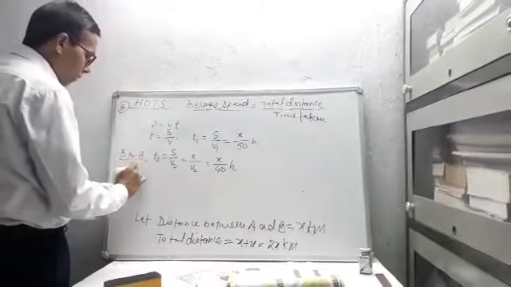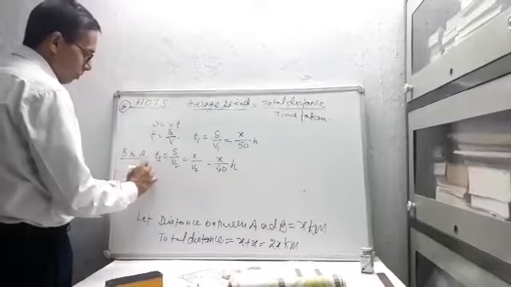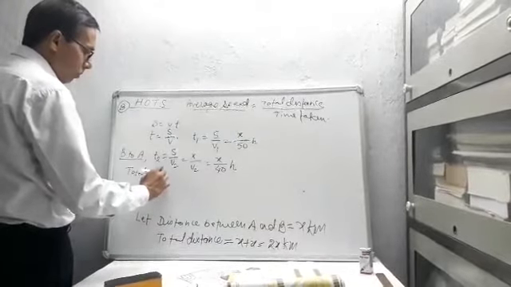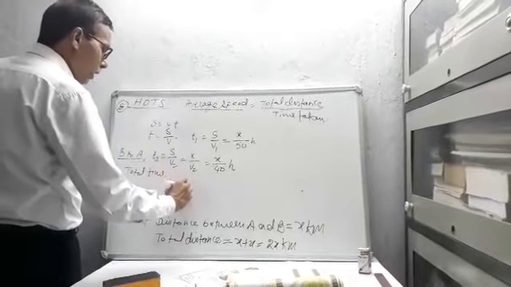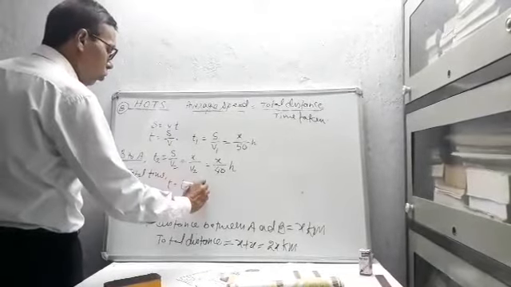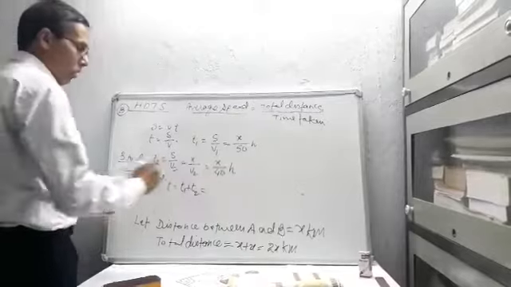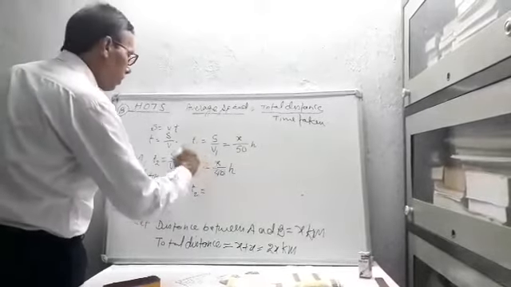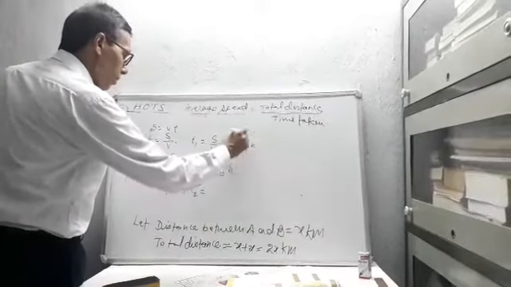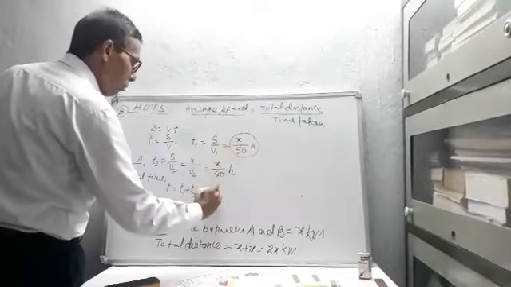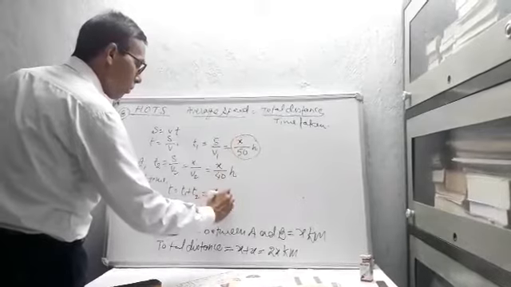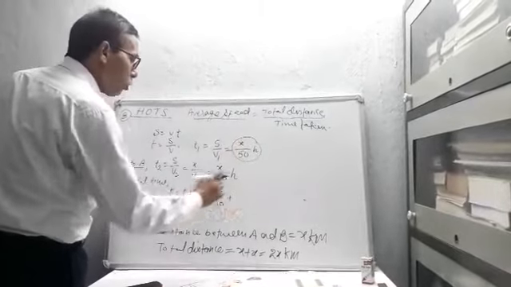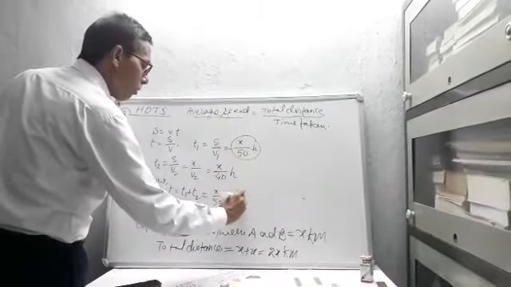So the total time T is equal to T1 plus T2, that is x by 50 plus x by 40.